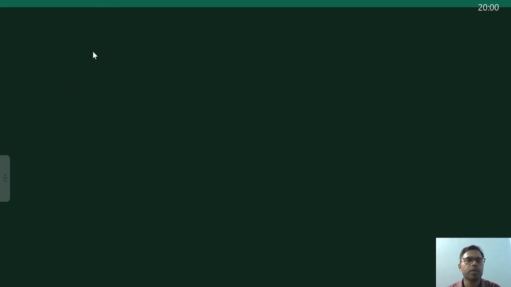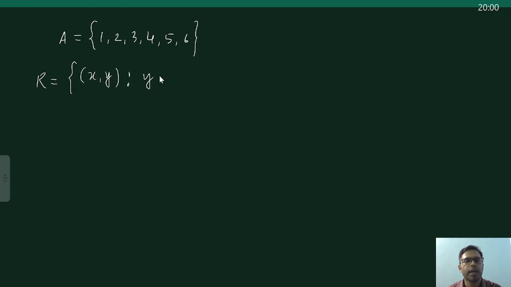The relation was R equal to (x, y) such that y is divisible by x. It can be written in short form: y is divisible by x, that is, x is a divisor of y.